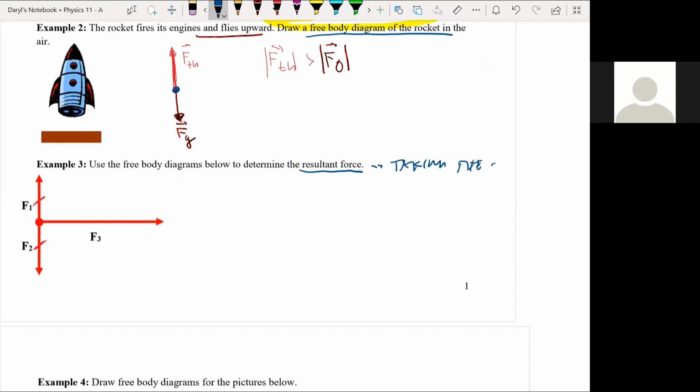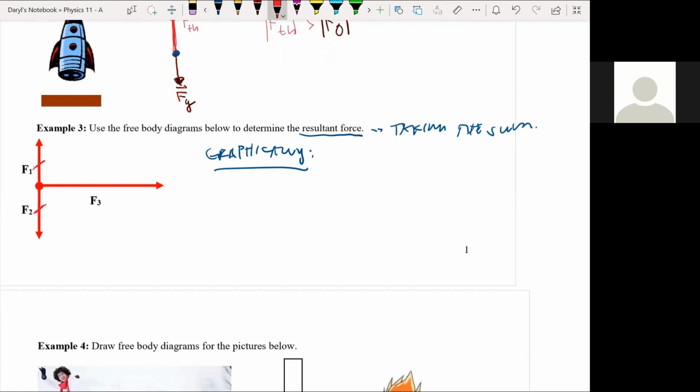And graphically, how would you add F1 plus F2 plus F3? I'm taking note that F1 and F2 have the same magnitude, and F3 is this one here.